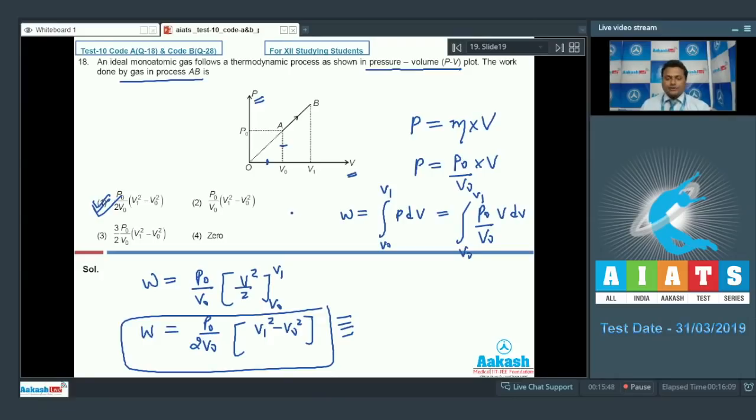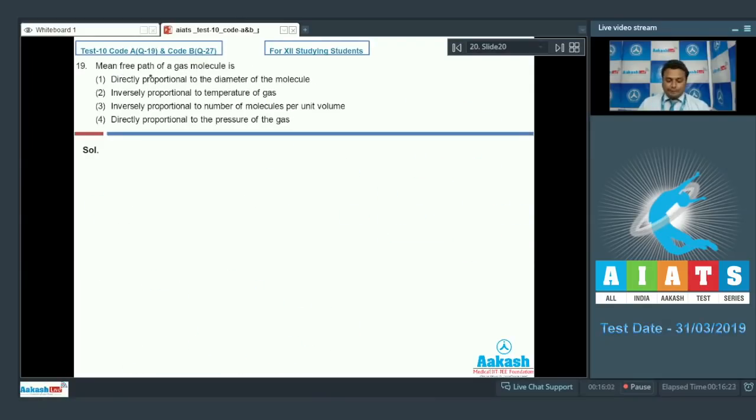Now let us proceed to the next question, that is question number 19. Here is question number 19. Mean free path of a gas molecule is. So there are some quantities given like diameter, temperature, number of molecules and pressure.